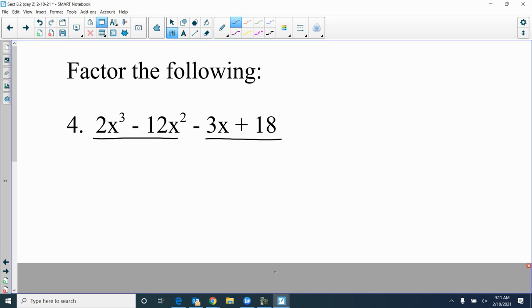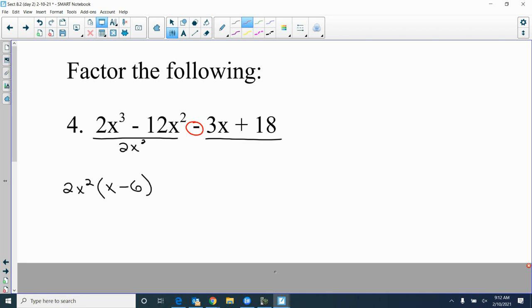All right, now, when there's a minus sign then. All right, Zach, what's my GCF for the first 2? 2x squared. When I divide by 2x squared, Zach, what do I get? X minus 6. Okay, now, if this is a minus, here's what we want to do.